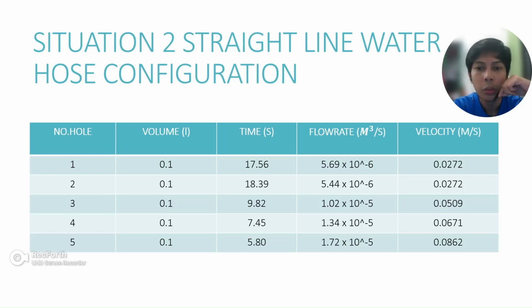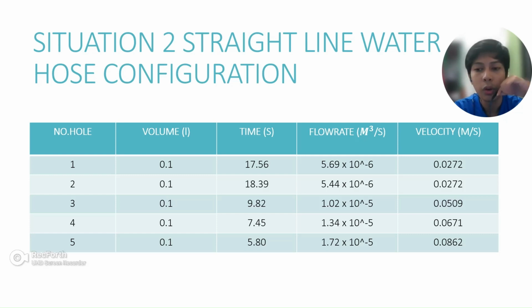After that, we will calculate the flow rate by using the formula meter cube over time. From this, the volume must be divided by 1000 so that it becomes meter cube, and then we divide it by time.